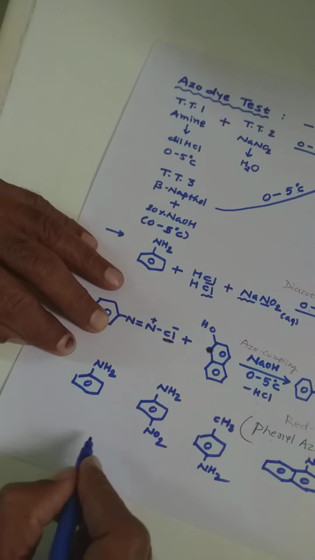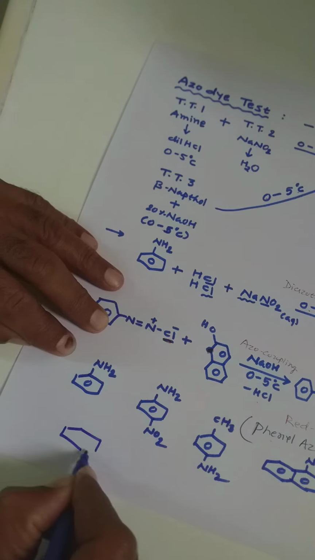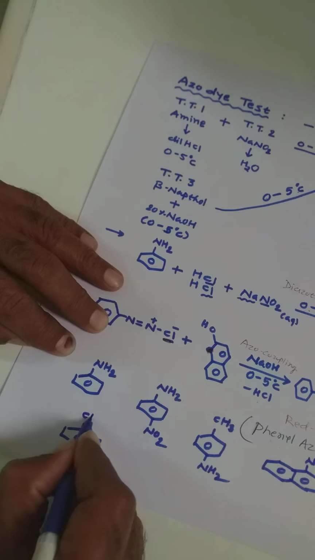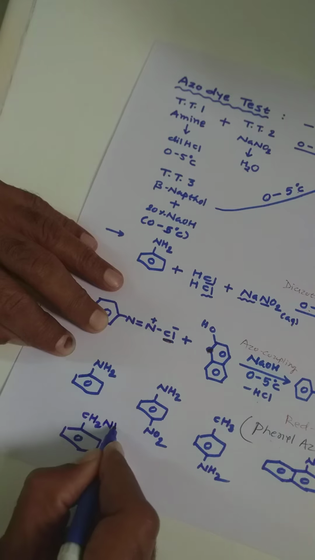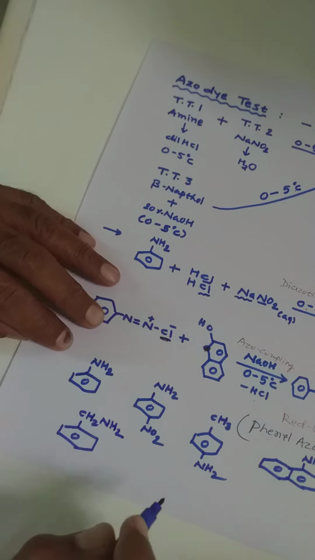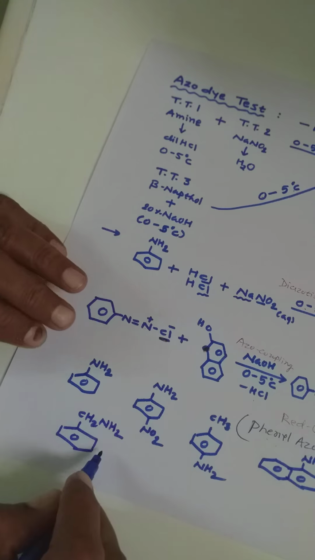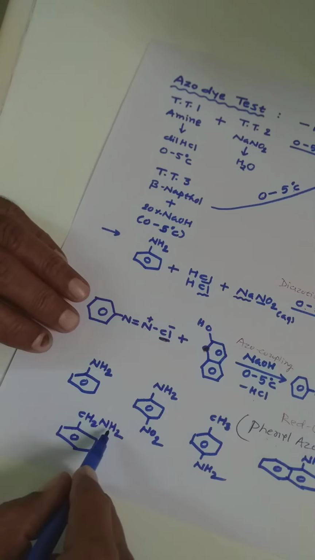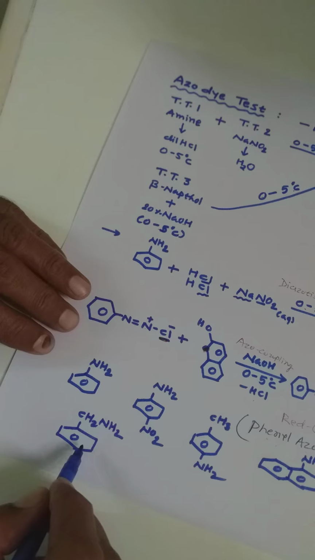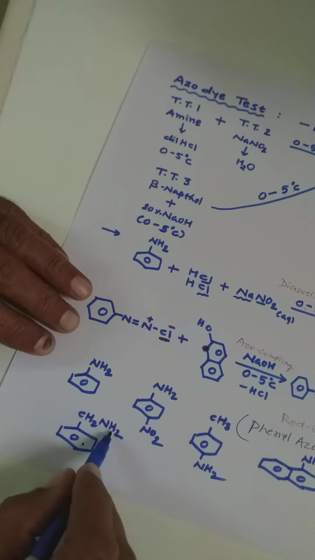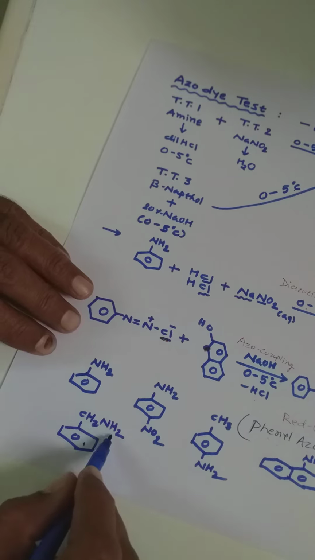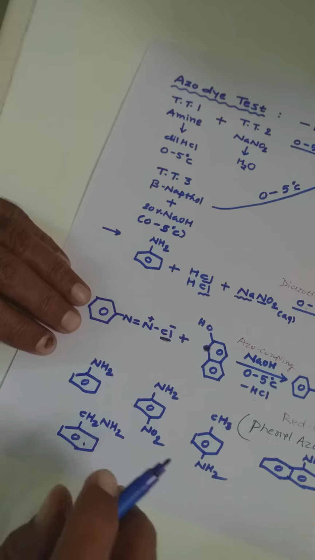But one more compound, benzene with CH2NH2, benzylamine, does not show the azo dye test because it is not a primary aromatic amine, it is an aryl alkyl amine.